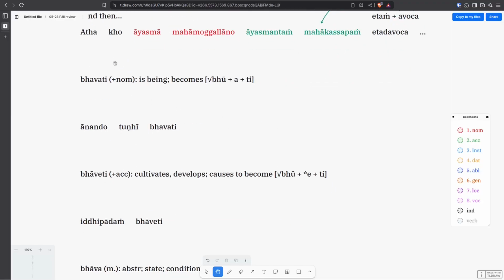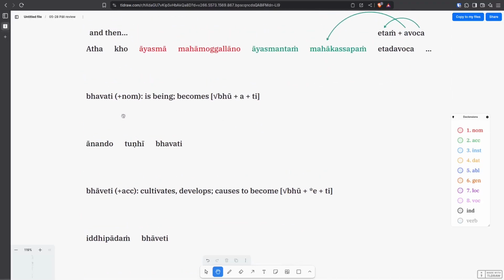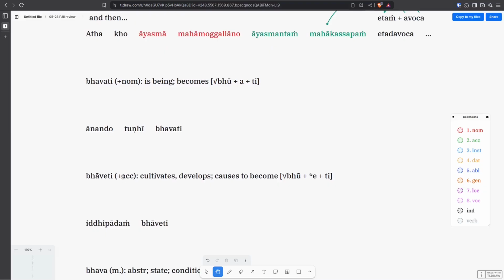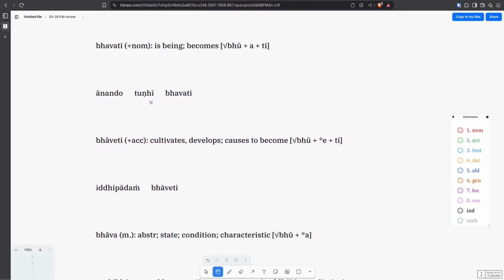So like here with bhavati as well, bhavati will take a nominative, or bhavati will take an accusative. This is what its object will be declined in commonly. So bhavati is becomes.